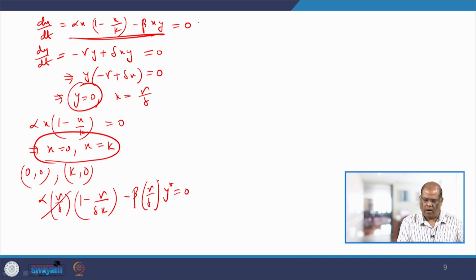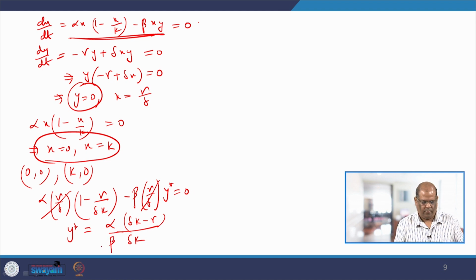This is the common part which goes off, and you are left with y star equal to alpha by beta times (delta k minus gamma) divided by delta k.